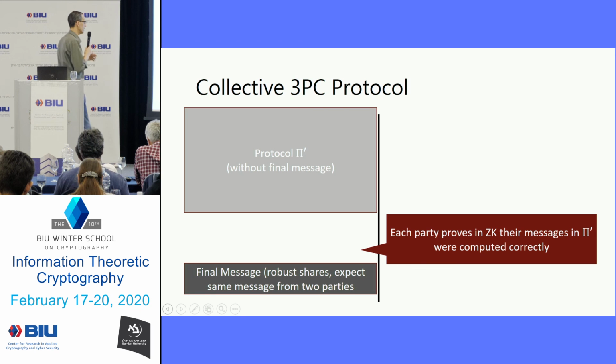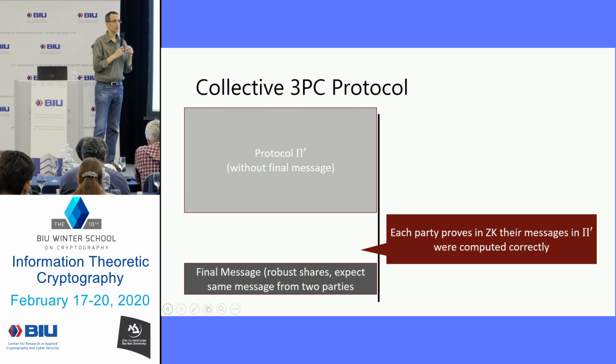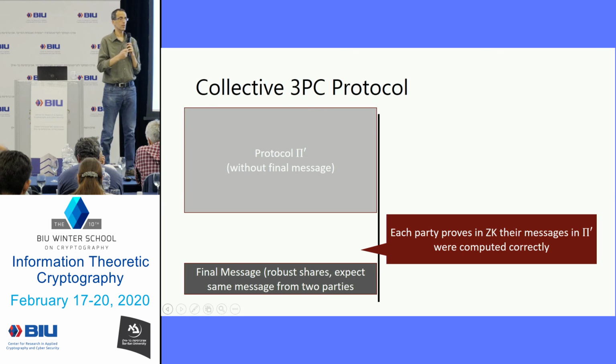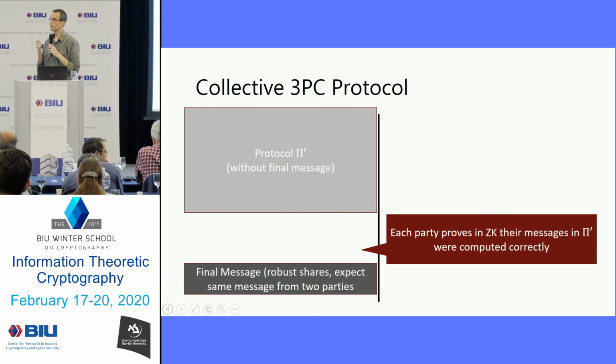And finally, the final message is exchanged. In the final message, there are 2 shares. Each share is present at 2 different parties. So if one of them tries to lie, what happens is that that party and another party who has the same share are in conflict.